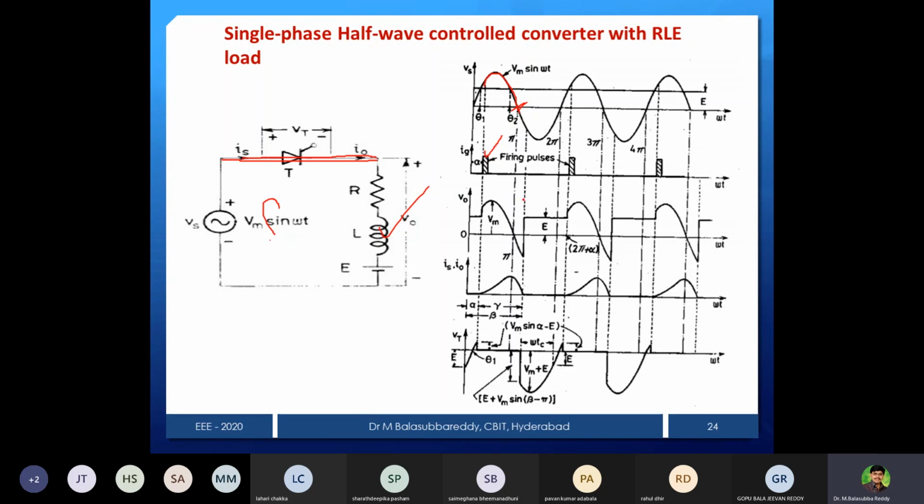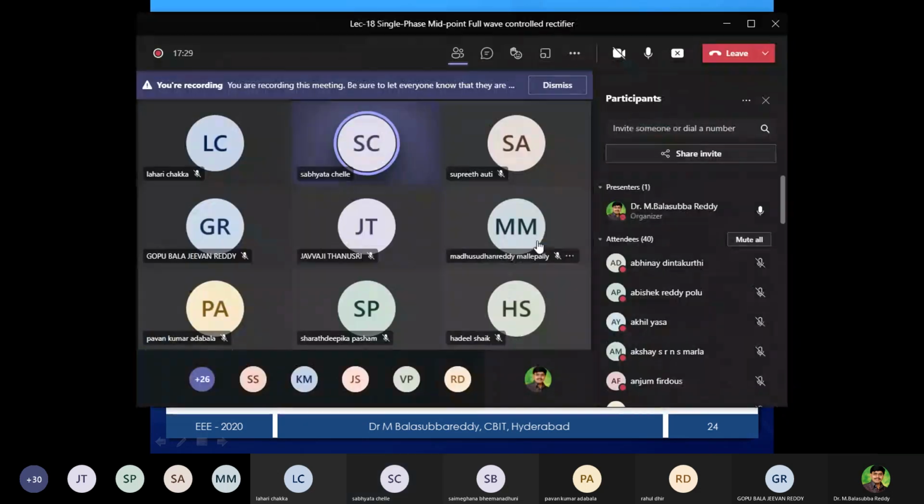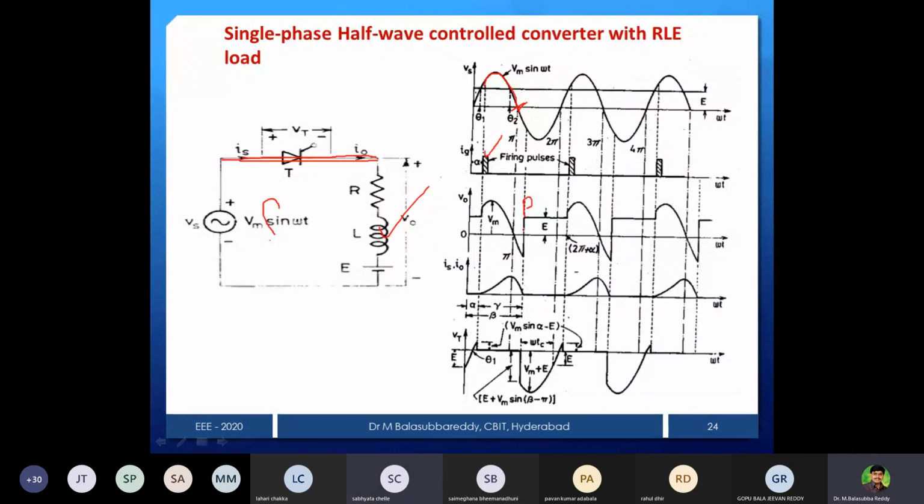Now let us consider it to be beta. So this is the beta instant. Now we can see this is the beta point. At that point, whatever energy is stored in the inductor is dissipated in the same thyristor, and once the energy is completely dissipated, the device will be turned off at beta.